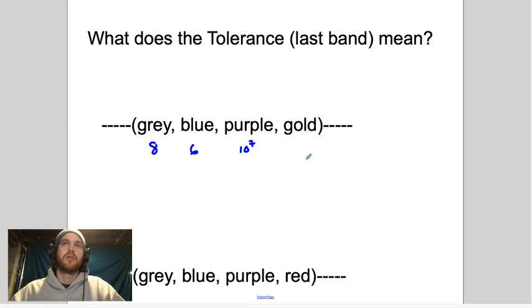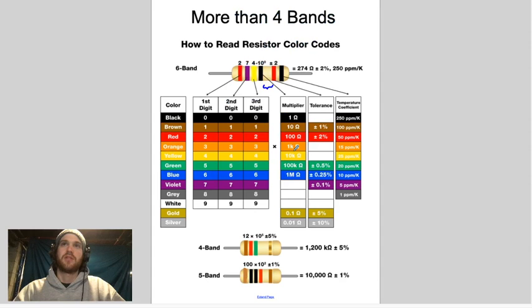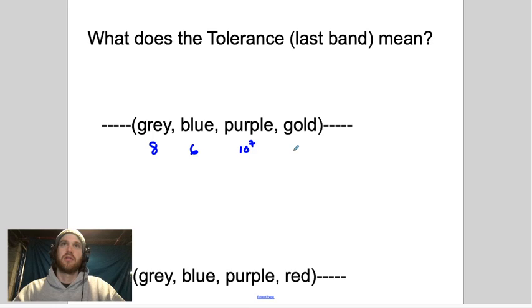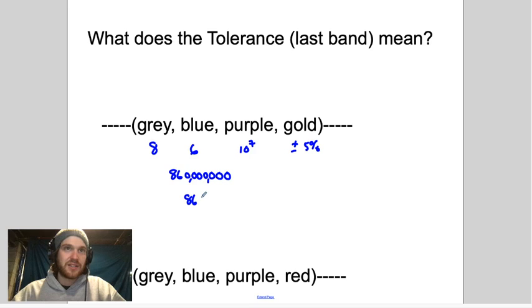And gold, for the resistance value, I believe, is plus or minus 5%. Again, these are the ones that matter. This is 86 with 1, 2, 3, 4, 5, 6, 7 zeros. So that is 860 mega ohms.